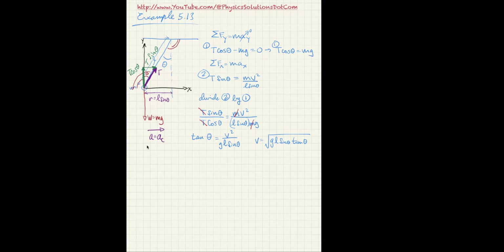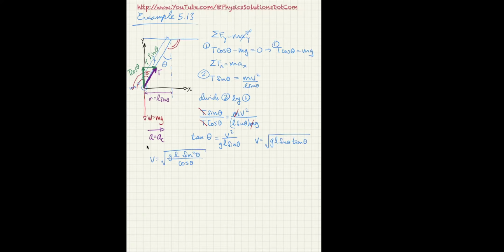But this is sufficient. What we could do, for instance, is v is equal to, I could break the tangent back up into sine over cosine, and then it'd be the square root of g times L times sine squared theta over cosine theta.